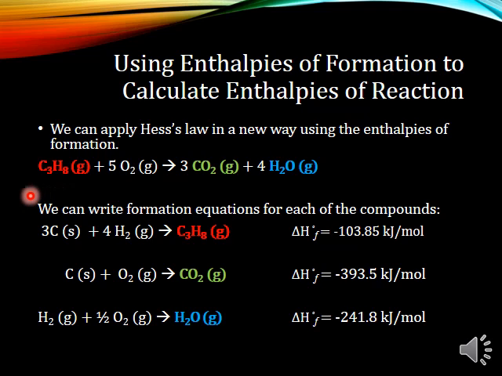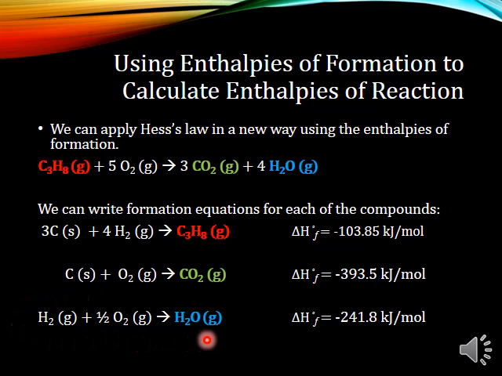So what we've done before is take these three reactions, or reactions like them, and manipulate them around to form the reaction up at the top. So for instance, this first reaction has our propane, but it's on the wrong side. So we would flip this reaction and change it to a positive value for delta H. Our second reaction, we need 3 carbon dioxide, so we would multiply this reaction by 3 and leave it how it is otherwise, and multiply our delta H by 3.